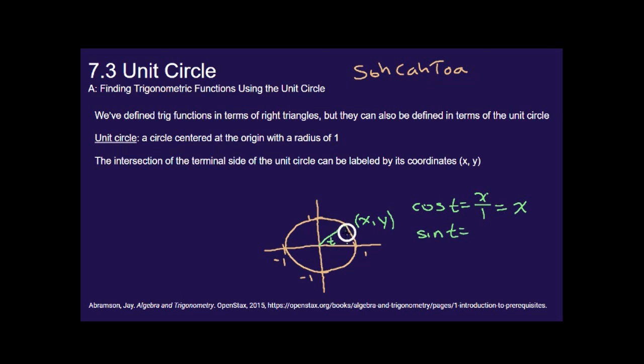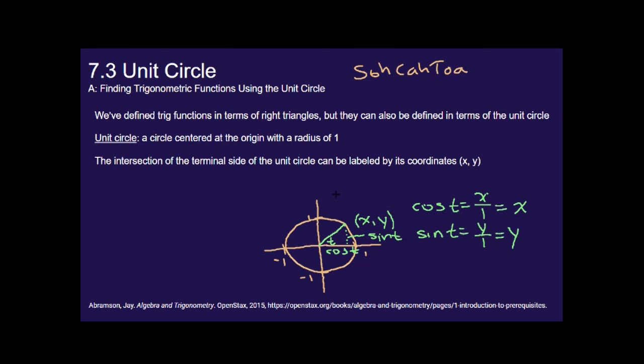The opposite is the y value over the hypotenuse, which is 1, and so the sine of t is equal to y. So we could say that this distance here is sine t, and this one here is cosine t. And so that's how we can define the trig functions using the unit circle.